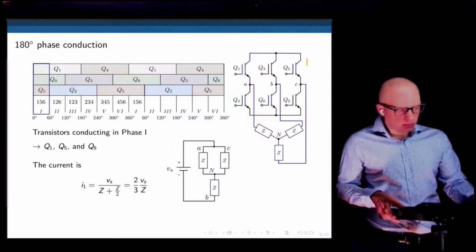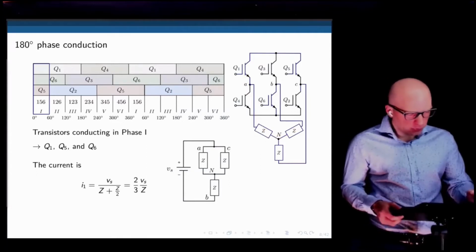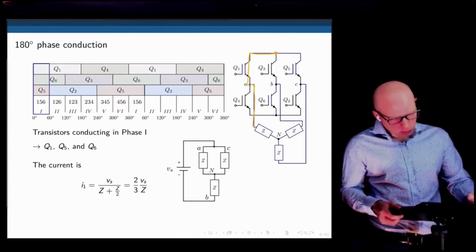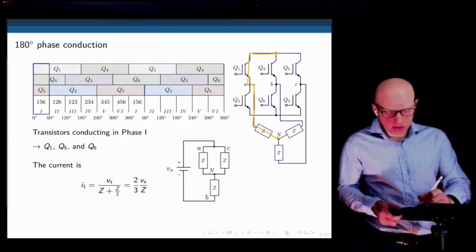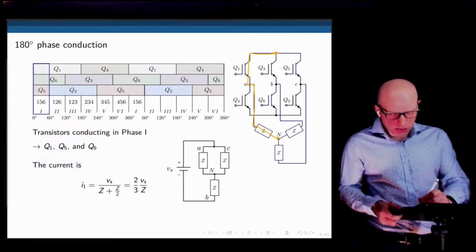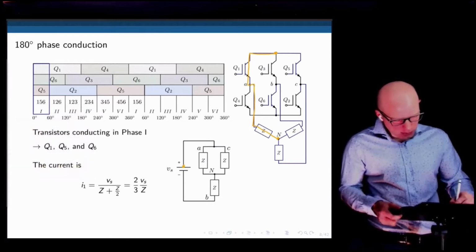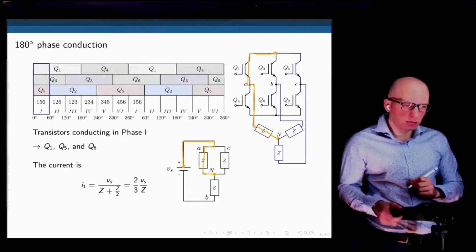Okay, so we have transistors Q1, Q5, and Q6. Transistor Q1 connects VCC through Z to the neutral because it's activated. This corresponds to going from VCC through A to the neutral.